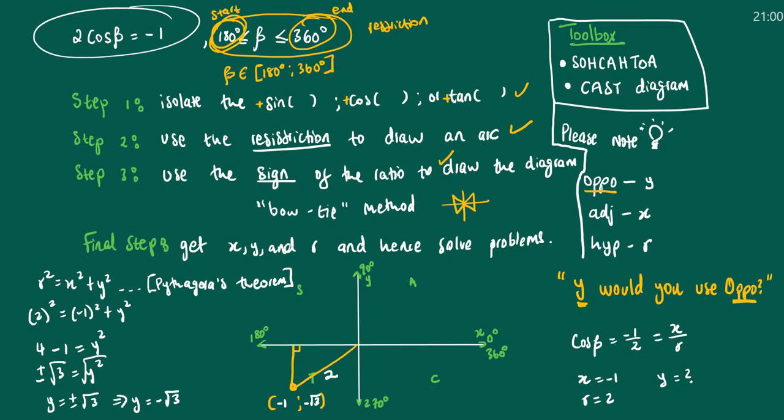Let's try it on another problem. Let's say you are given root 3 sine of 2 theta is equal to negative 1.